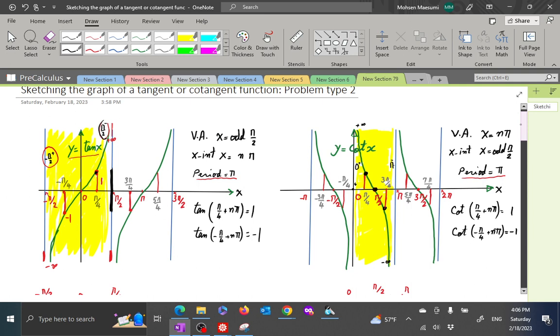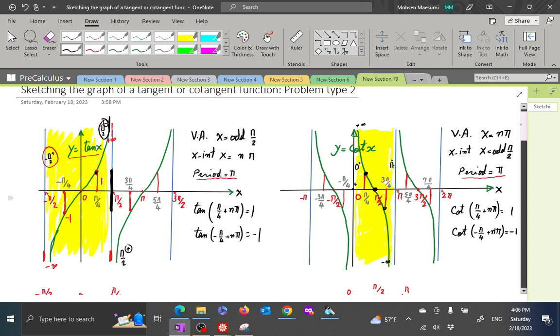On the left of it, which we indicate as pi half minus, we are pulling up to plus infinity. On the right of it, we write pi half plus. The minuses and pluses next to a number mean slightly to the left or slightly to the right. It makes a big difference because we are jumping from minus infinity to plus infinity.